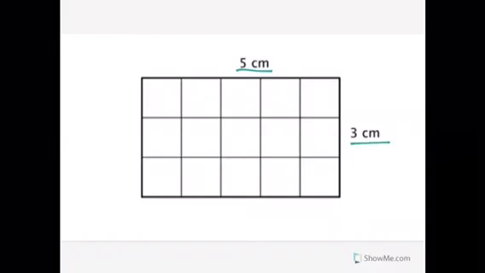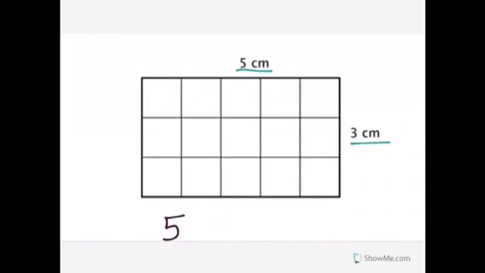I'm going to write the equation that this is showing. An equation is a number sentence. So here I have a 5 by 3.